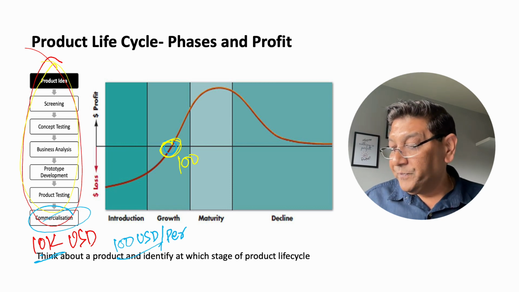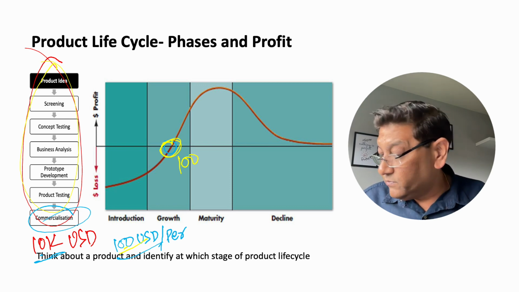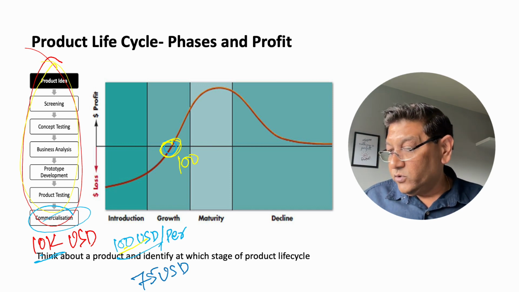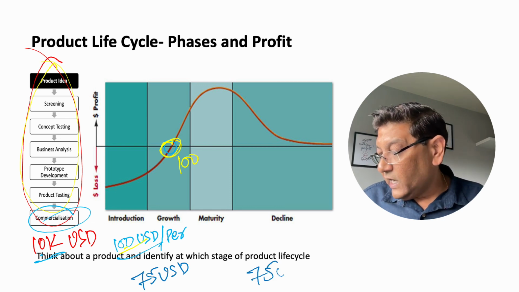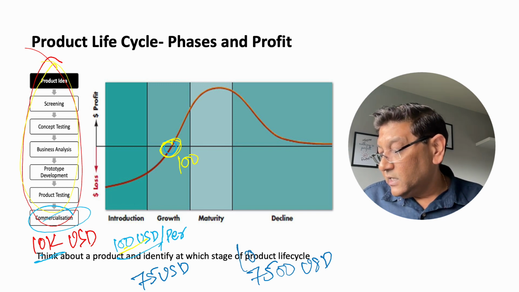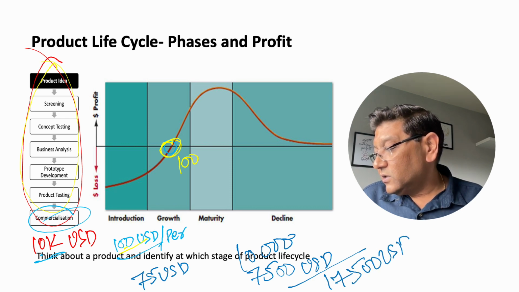It is possible that the cost of manufacturing the product and service could be, let's say, this is $100 selling price, and the cost of manufacturing is, let's say, 75 US dollars. Now 75 times 100 is 7,500 US dollars, and with 10,000 US dollars it becomes 17,500 US dollars.